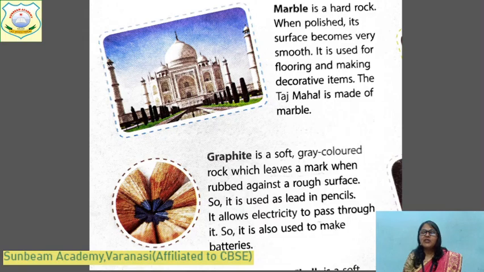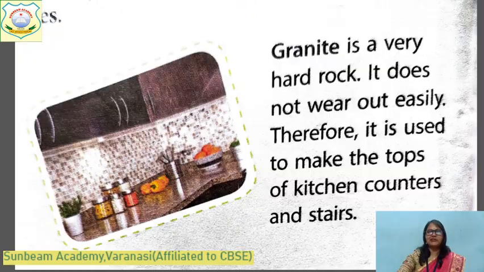If I ask you a question, name the stone or rock which leaves a mark, then you will answer me graphite. And it also allows electricity to pass through it. So it is used to make batteries also. Yes, children, come to the other one. That is granite. It is a very hard rock.